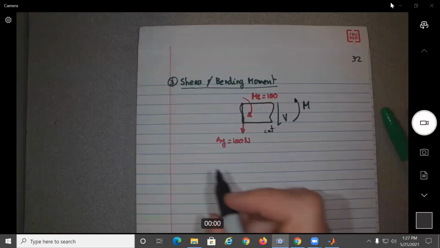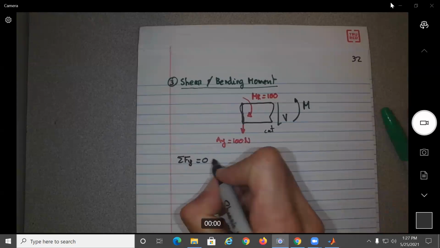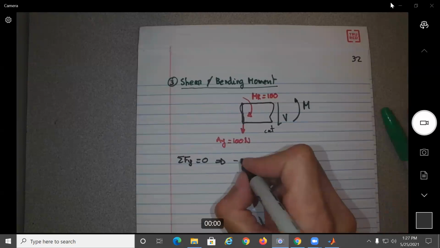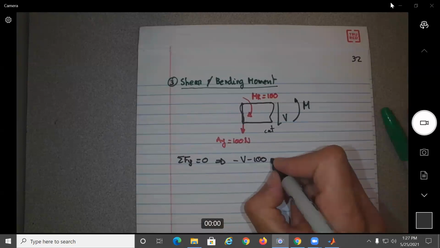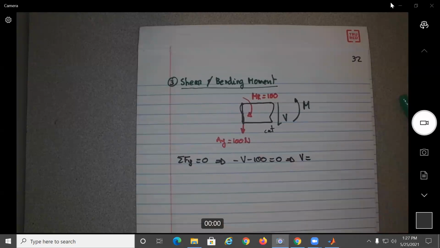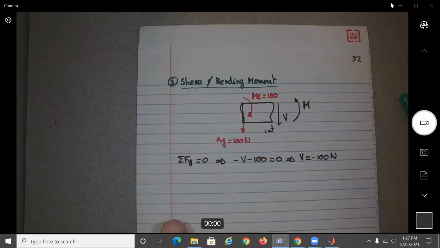So in order to find the shear, we do summation of forces on the y equal to 0, which will give you minus V minus 100 equal to 0, which will give you that V equal to minus 100 newtons.